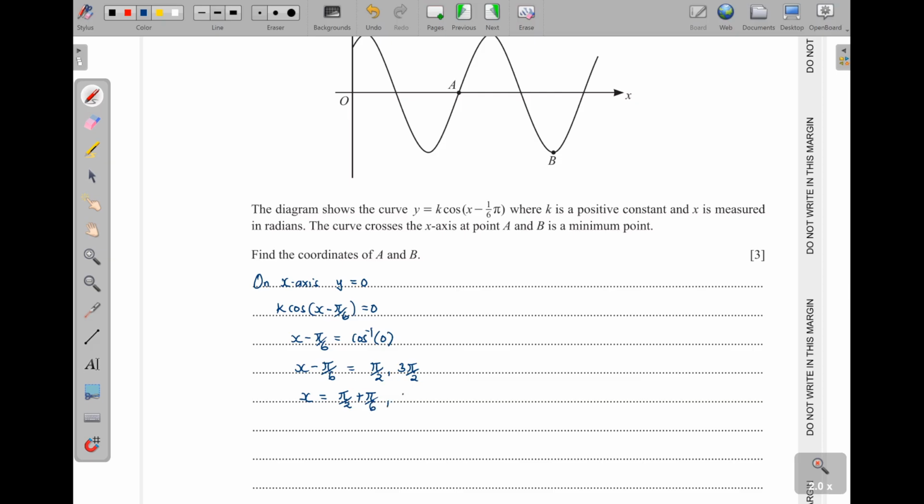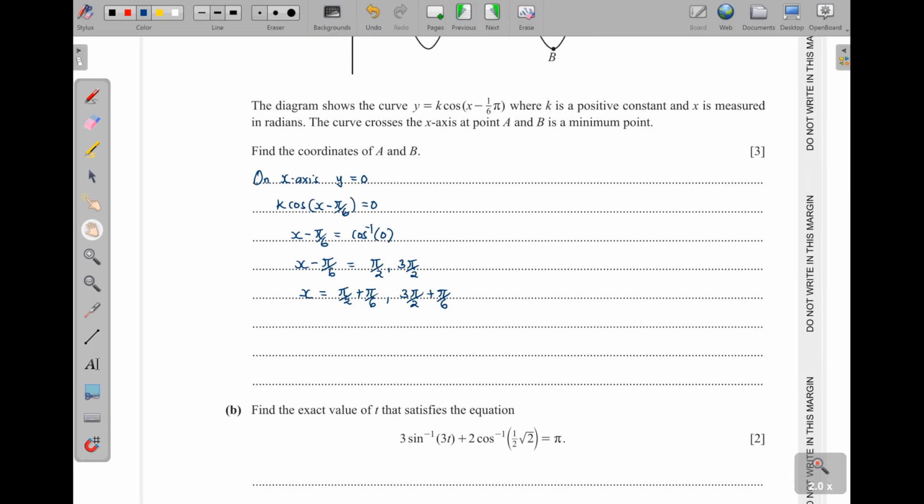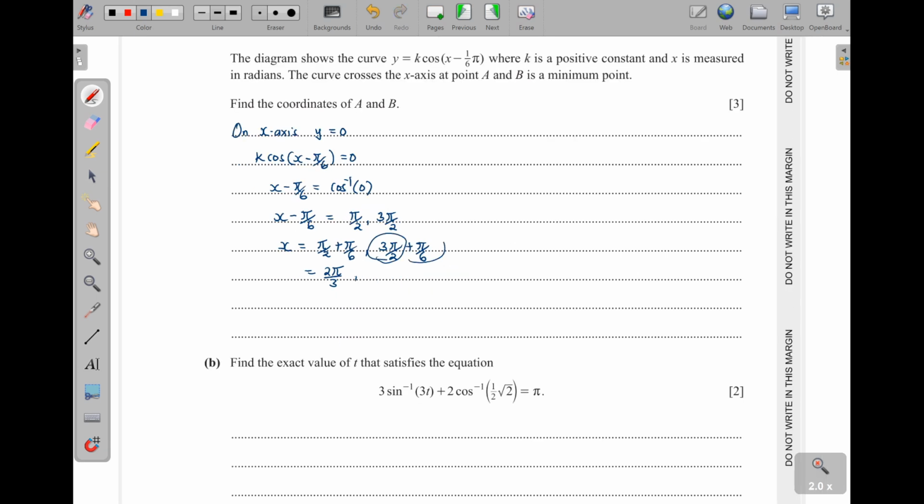And then 270 plus 30, that gives you 300. Since 120 is the same as 2 pi over 3, and 300 is the same as 5 times 60, so 5 pi over 3.